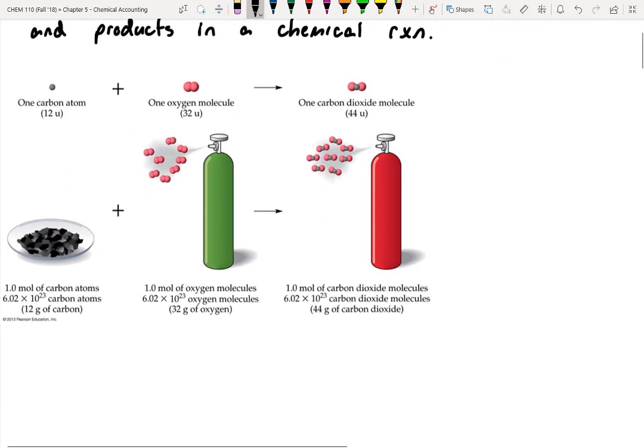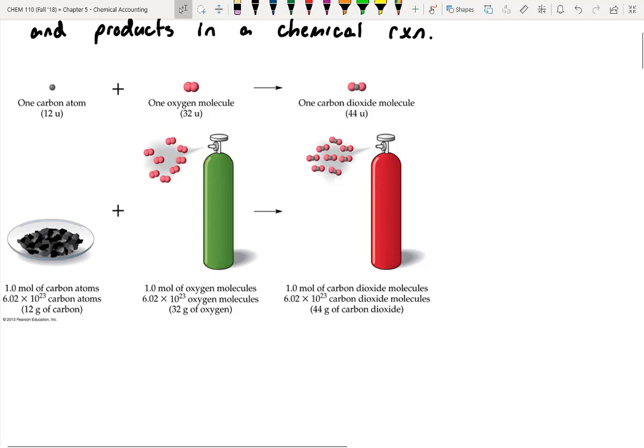So 1 mole would be 6.022 times 10 to the 23rd carbon atoms. That would mean you'd need 1 mole of oxygen molecules. So the ratio is going to be the same, right? So 1 carbon atom with 1 molecule is the same ratio as 1 mole and 1 mole, right? So 1-to-1 ratio, and then you get 1 mole of product out.